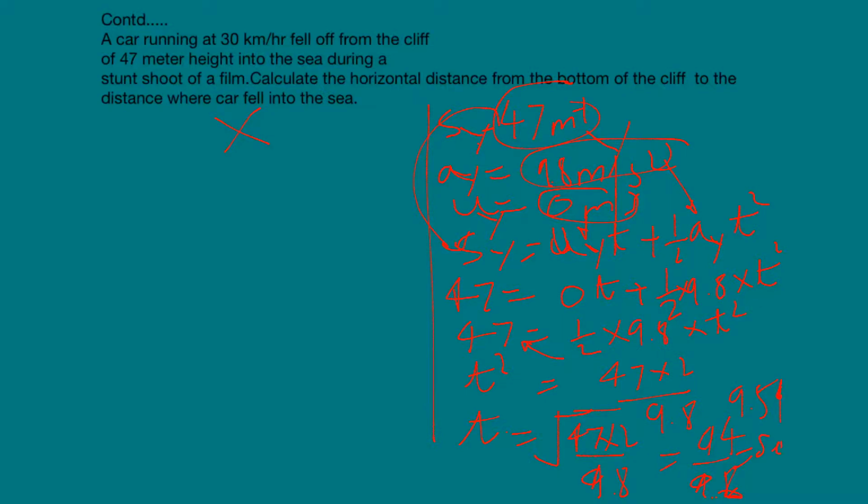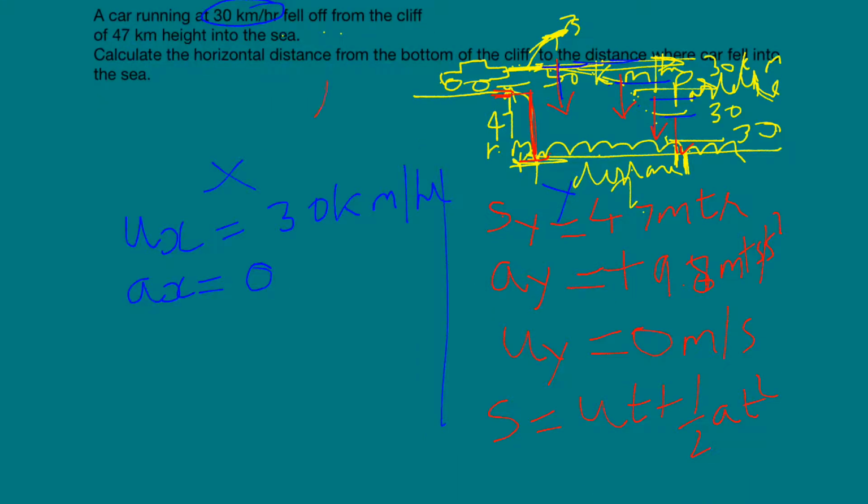9.59 seconds is the time we got. So for x-axis now we got time. So time to fall, we got time as 9.59 seconds. So for x-axis also it is 9.59, and for y-axis also it is 9.59, because time is same.